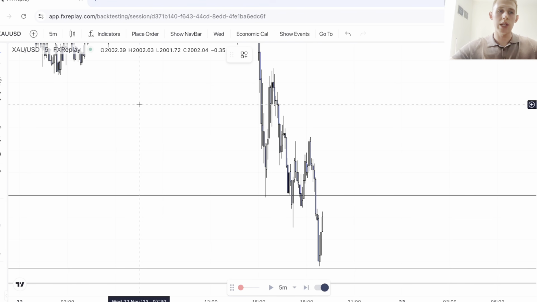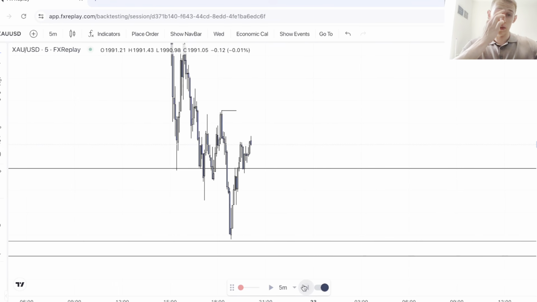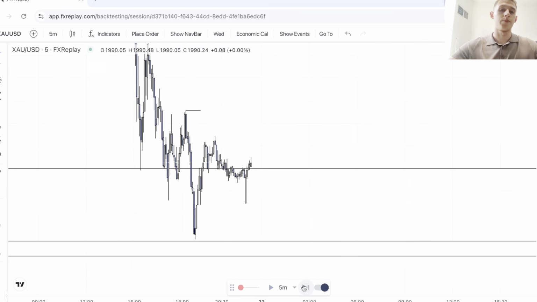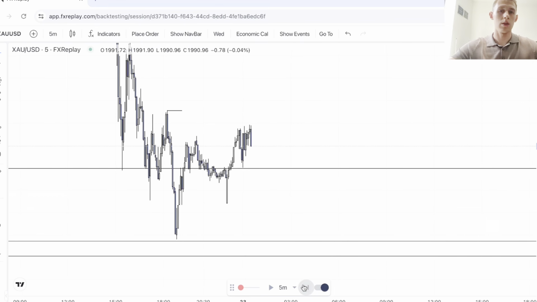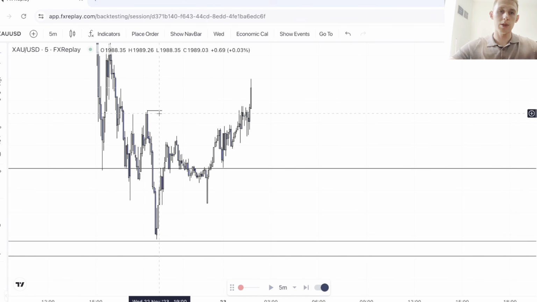And the structure we want to see it break is this one. There we go. So we get a closure above it.